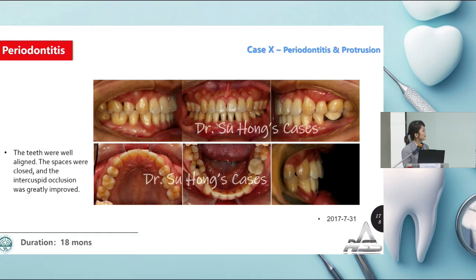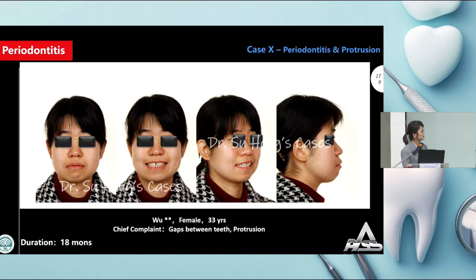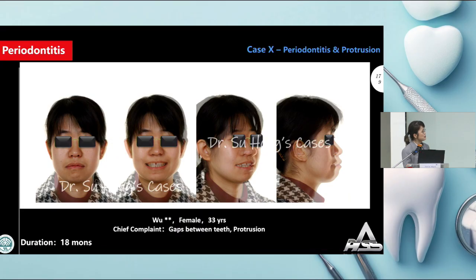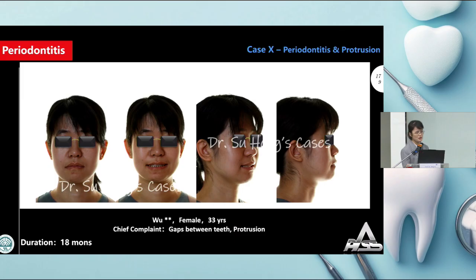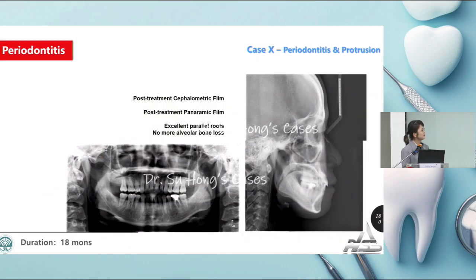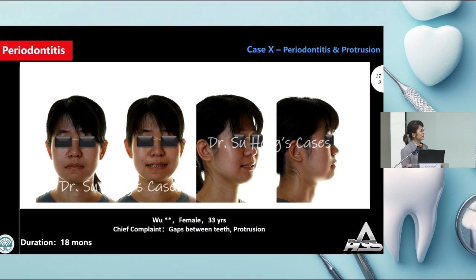In 1.5 years, the teeth were well aligned, the spaces were closed, and the intercuspal occlusion was greatly improved. With the PASS technique, she changed into another girl, a beautiful girl. I think the PASS made her younger.